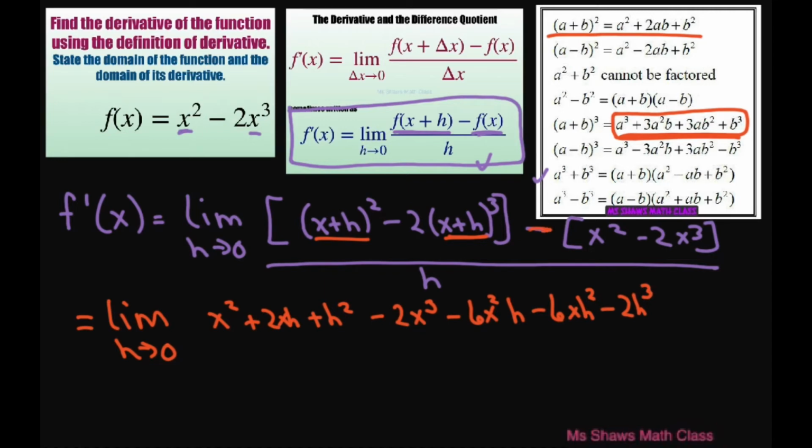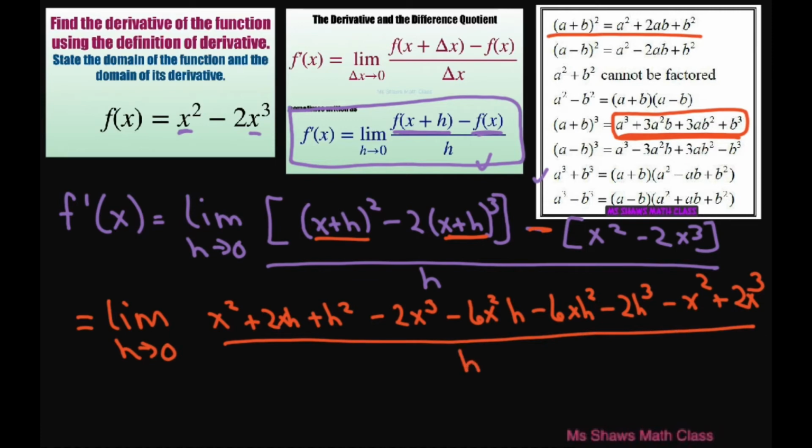And then we have to subtract these. So negate everything. Negative x squared, then we're going to have plus 2x cubed, all divided by h. Now when you get to this point, everything should cancel out except a term with h. This does not have an h in it, so there should be one that has negative x squared, and here it is. Here's one without an h.